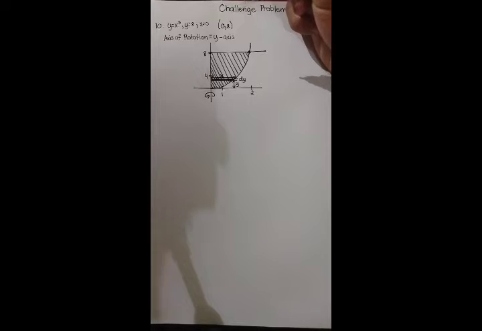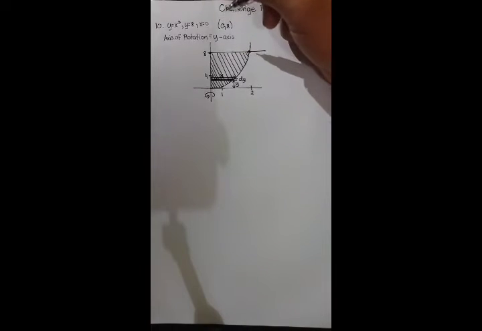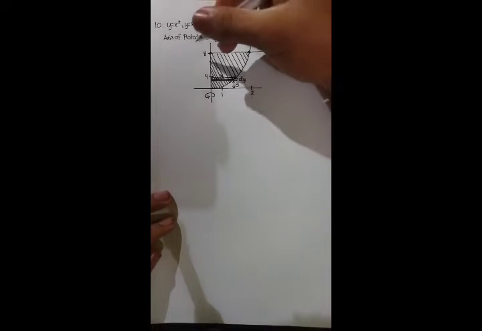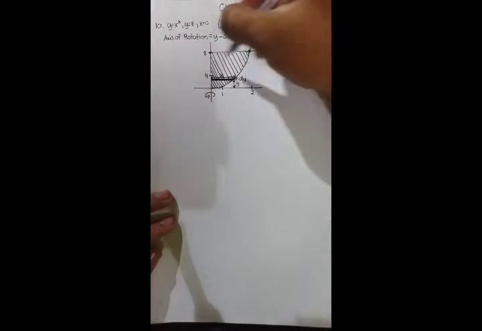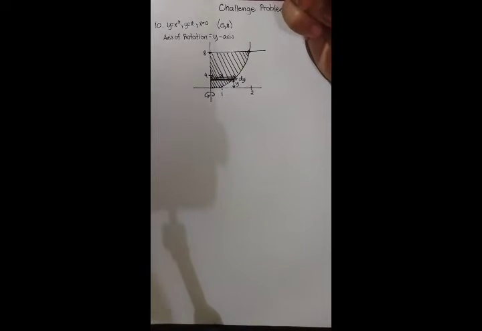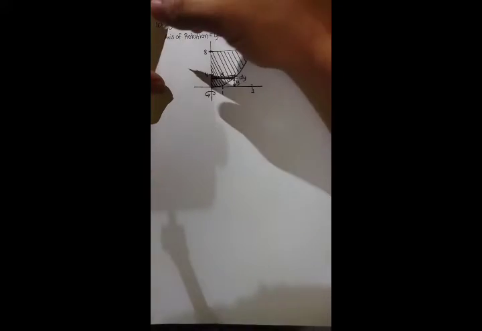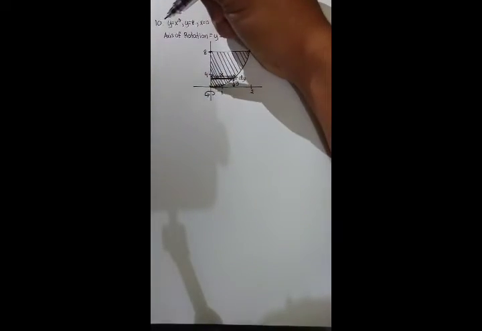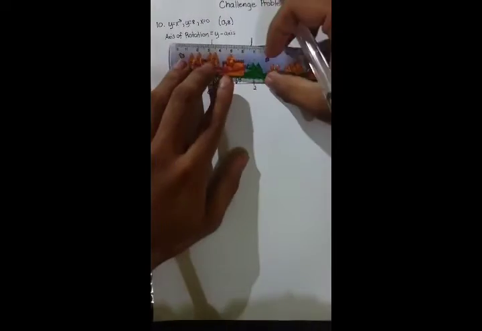Next, since the axis of rotation is the y-axis, we're going to create an illustration of what it looks like if we are rotating the graph. Okay, let's start. So from here, we're going to put a point here.